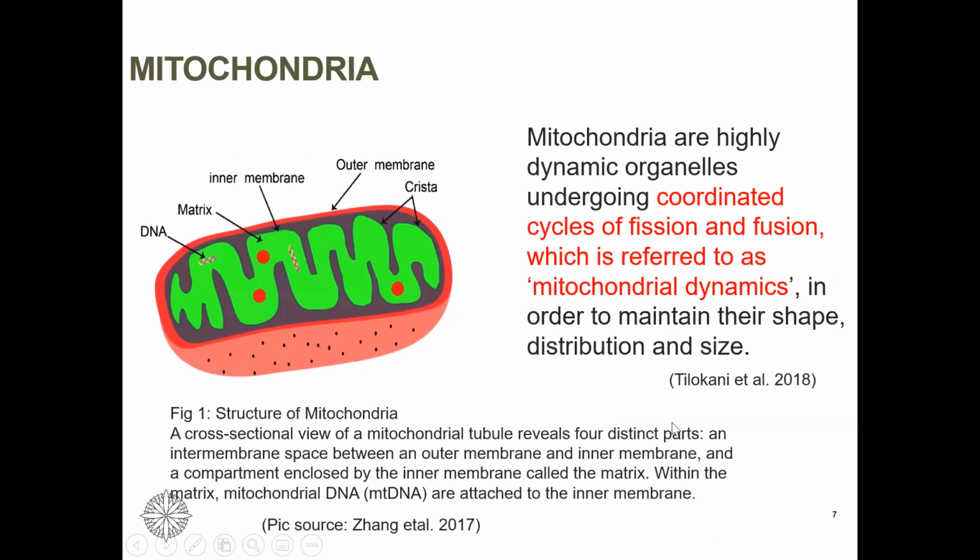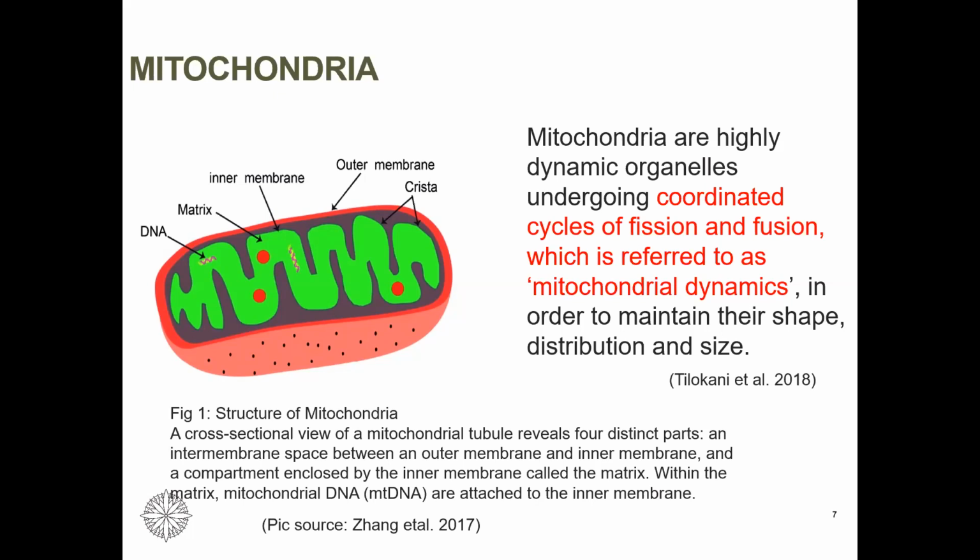So mitochondria, for a long time, were primarily considered to be the powerhouse of the cell, producing the energy required for cell metabolism by oxidative phosphorylation. But now what we are learning is that they are involved in numerous other physiological processes, and they are actually very dynamic.